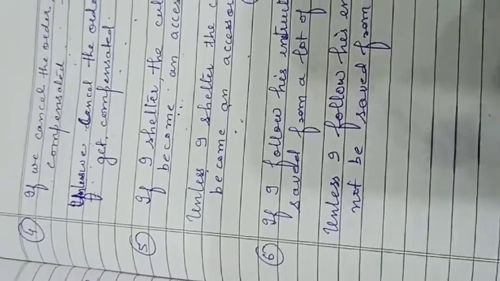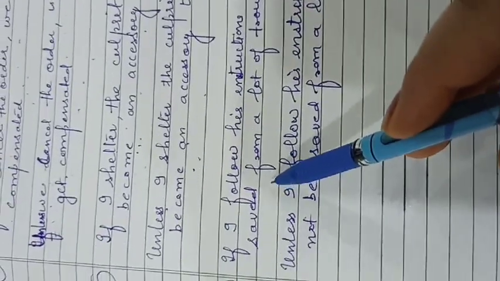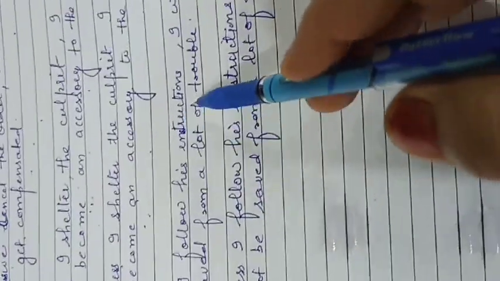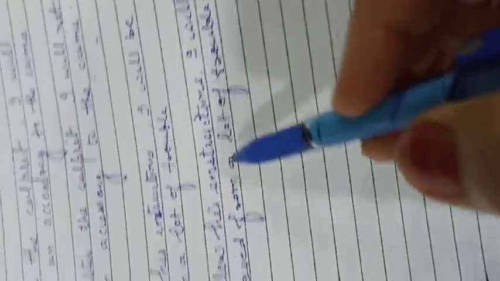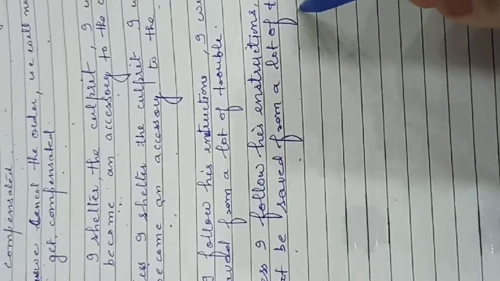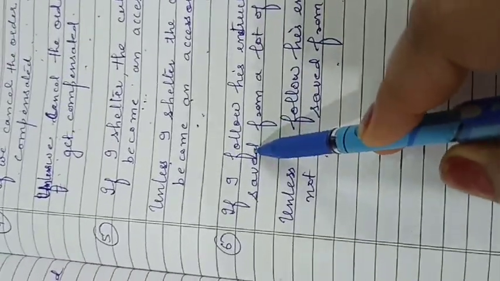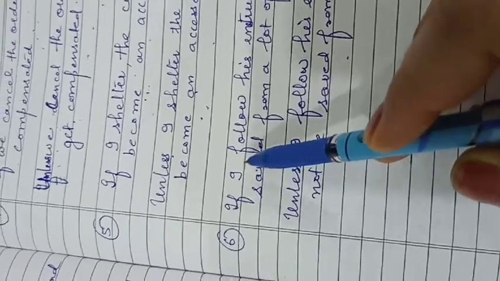Now the last example: if I follow his instructions, I will be saved from a lot of trouble. Unless I follow his instructions, I will not be saved from a lot of trouble. In this sixth example, there is not a single not.